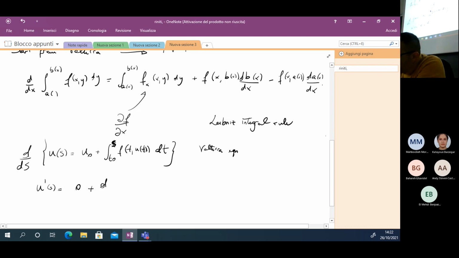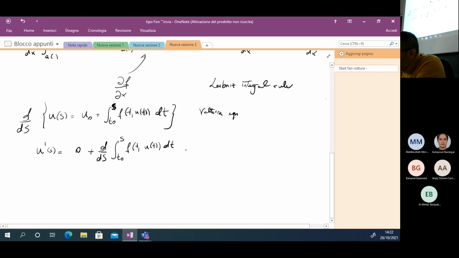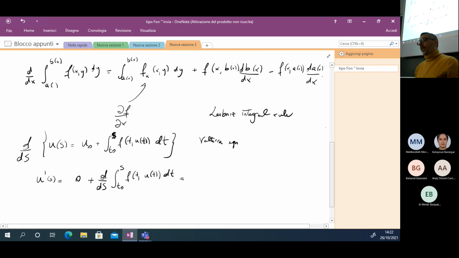And then what I have is the derivative with respect to S of the integral between t0 and S of f(t, u(t)) dt. So I have to evaluate this integral using the Leibniz rule. This is correct.